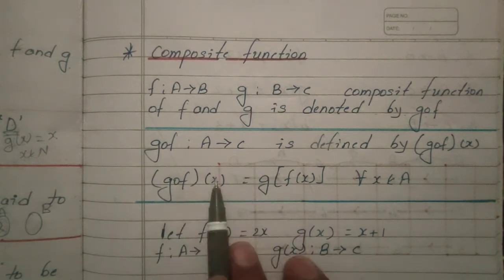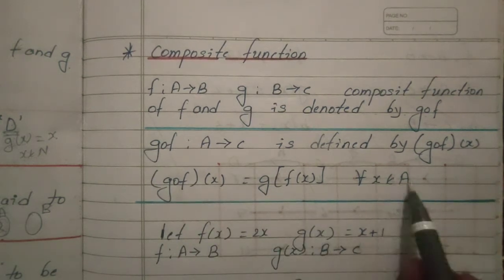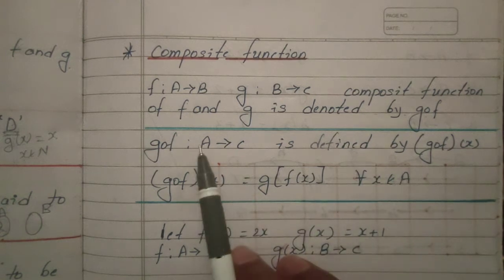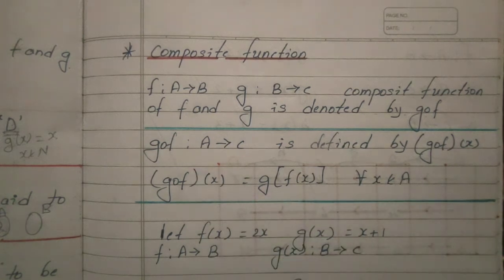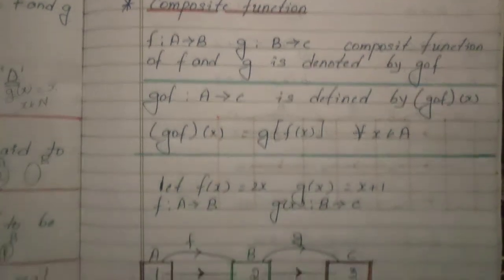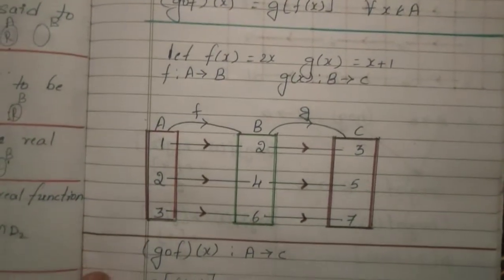It is g of f of x, where x belongs to set A. If I say it like this, you will not understand. Let me show an example.